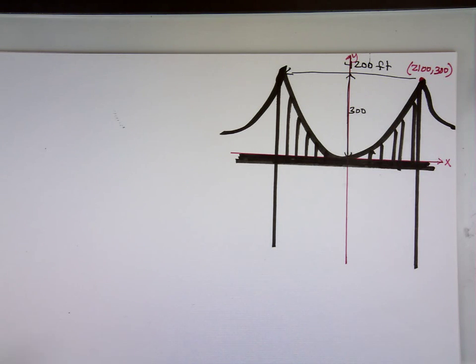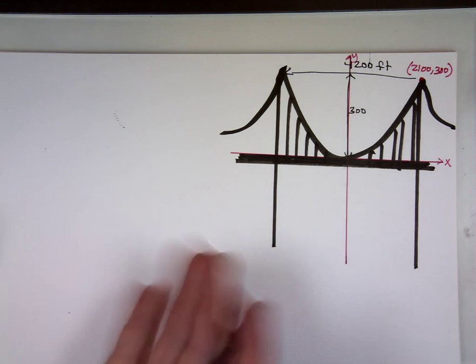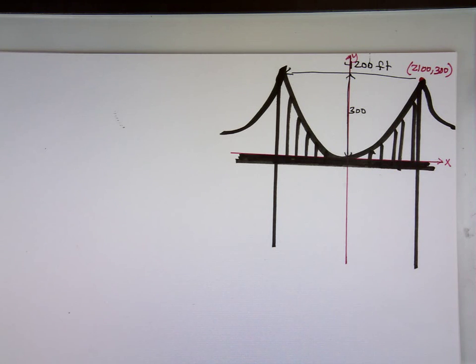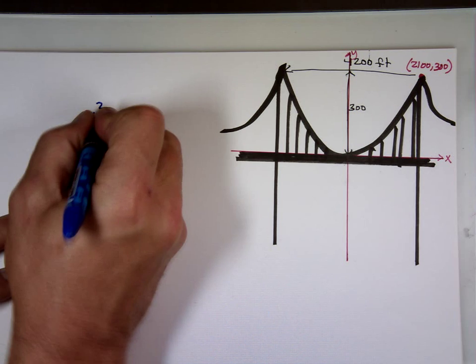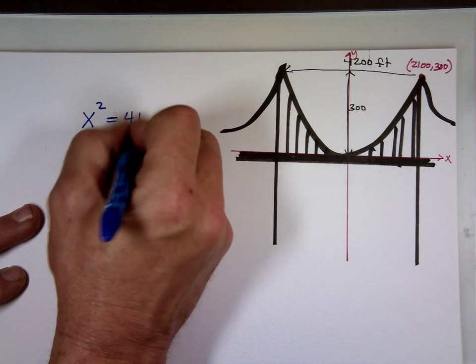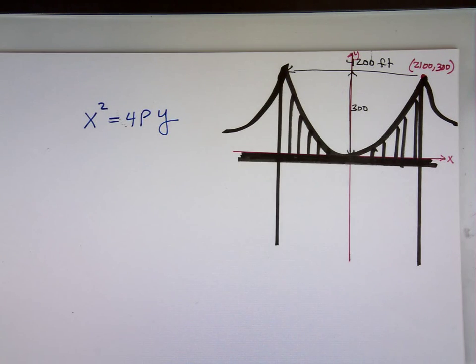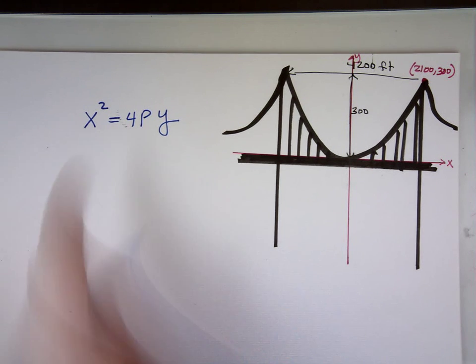Notice that's a parabola. It's up and down, so that means what? x squared equals what? If I know what x and y are, I'm done. I can tell you what p is. I can tell you the equation that describes that bridge.